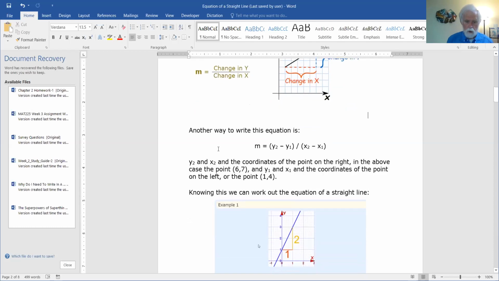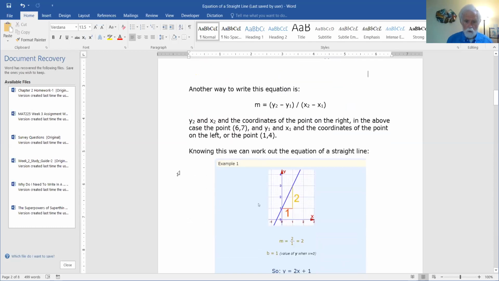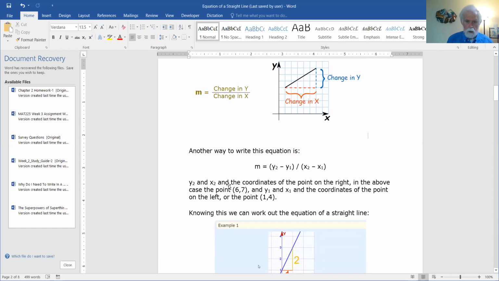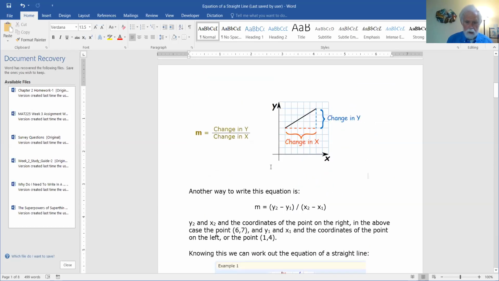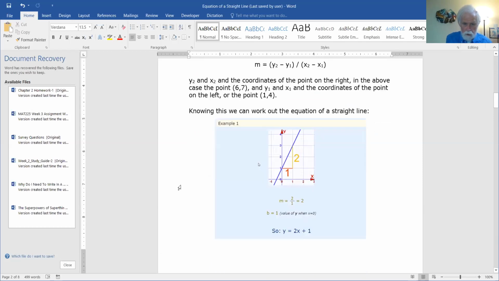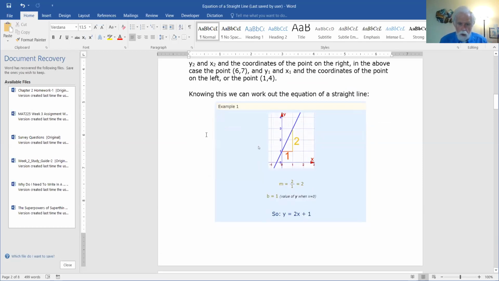So going back to the example before, if we duplicate that plot down here and look at this example, we've got a slope where point number 2 is at 1, 3, and point number 1 is at 0, 1.